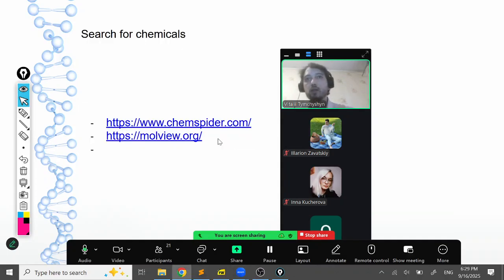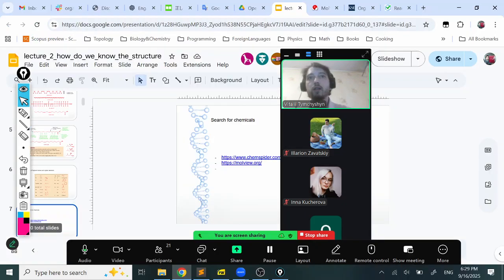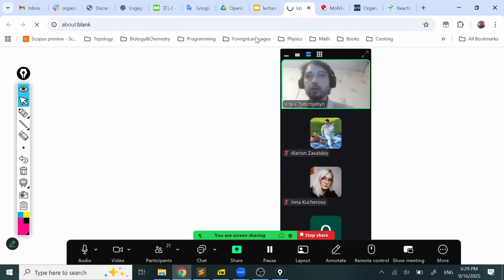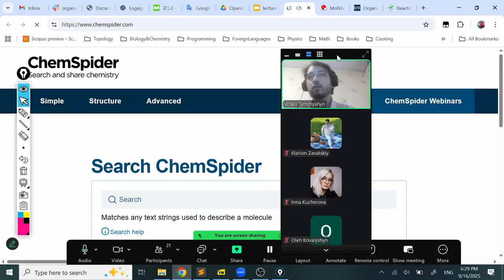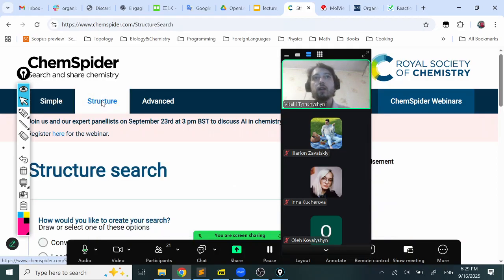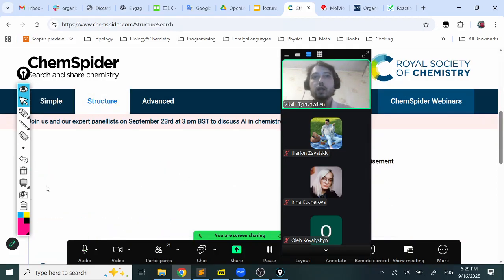So you may want to use any of these sites just to go there and search for some chemical. That may be useful if we ever do some problems that involve some sort of research on certain chemicals and so on.